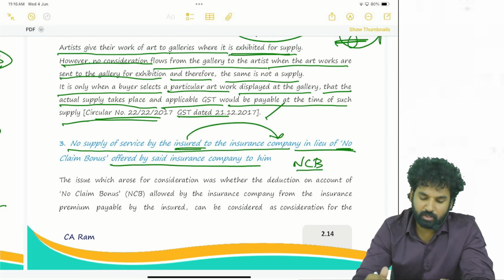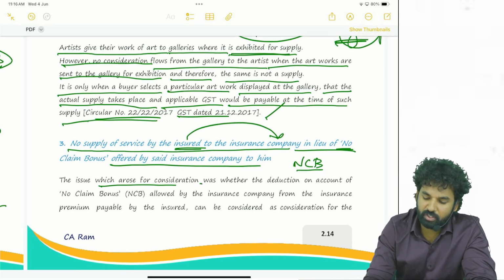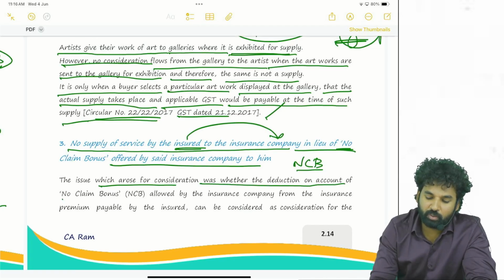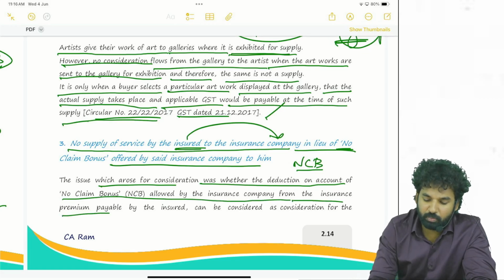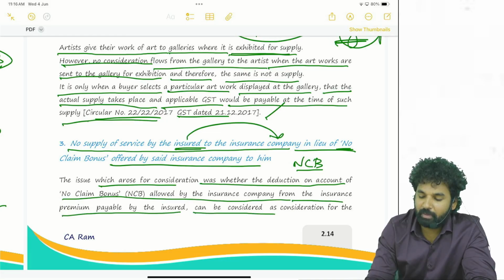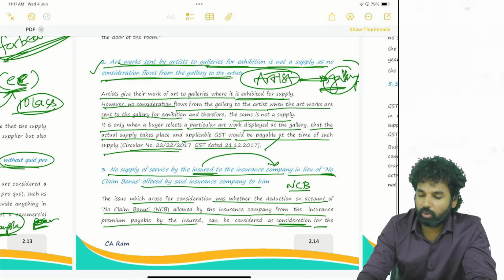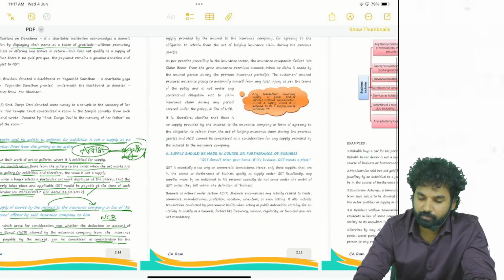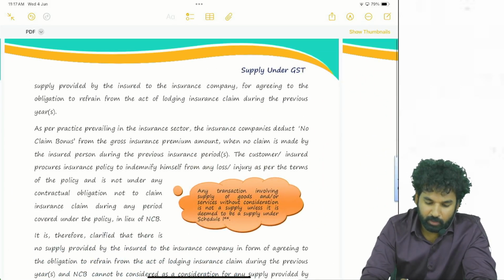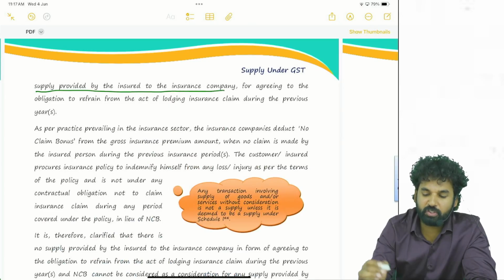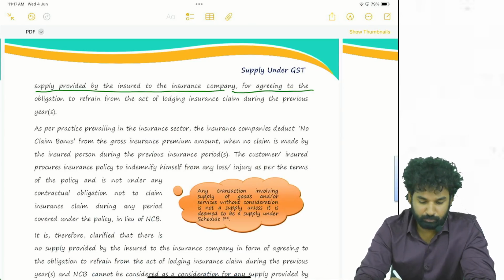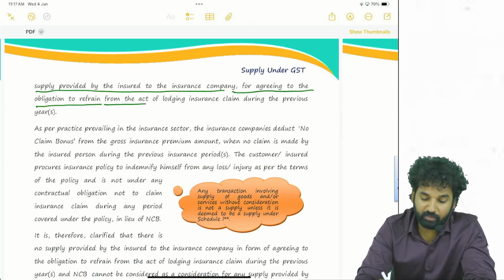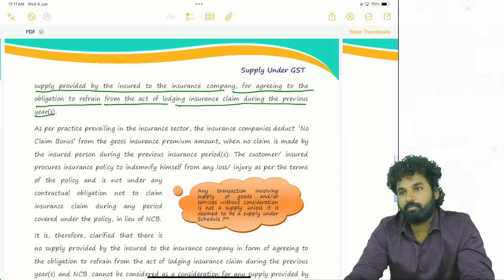Okay, the issue which arose for consideration was whether the deduction on account of no claim bonus allowed by the insurance company from the insurance premium payable by the insured can be considered as a consideration. Consideration for what? For a supply provided by the insured to the insurance company for agreeing to an obligation to refrain from the act of lodging an insurance claim during the previous year.